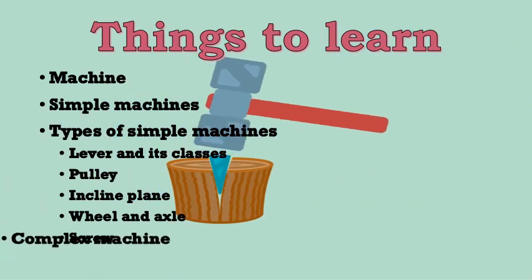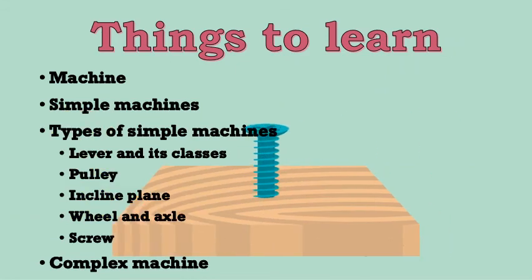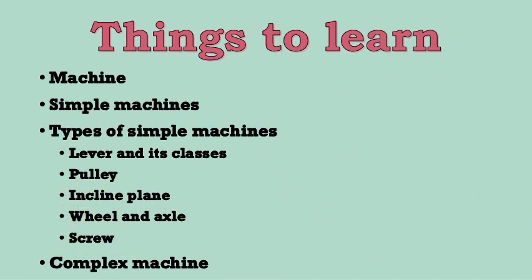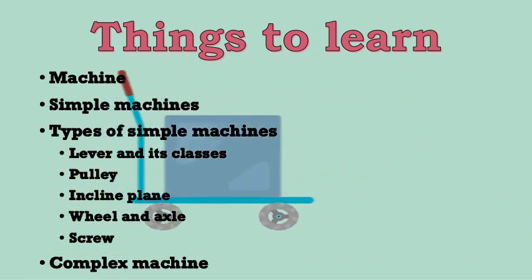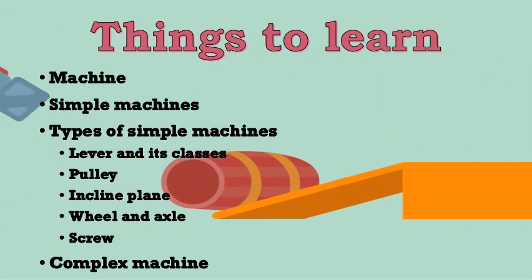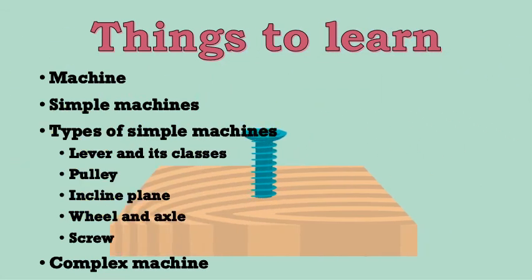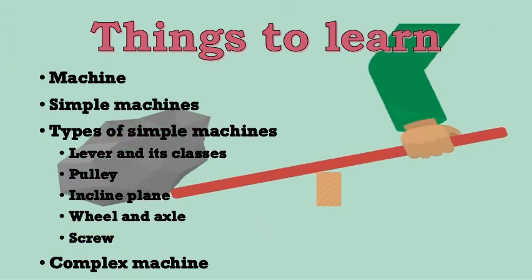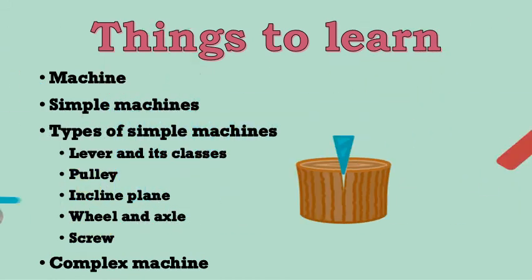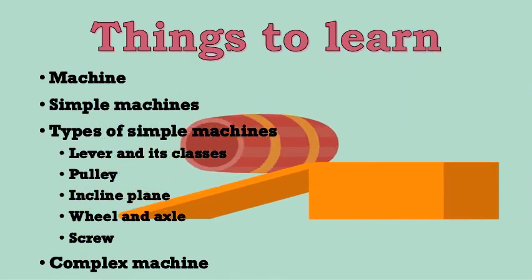Then in the last, we would see the complex machine. Complex machine is the opposite of simple machine, so we would see how simple machines and complex machines are different. So let's start with machine.